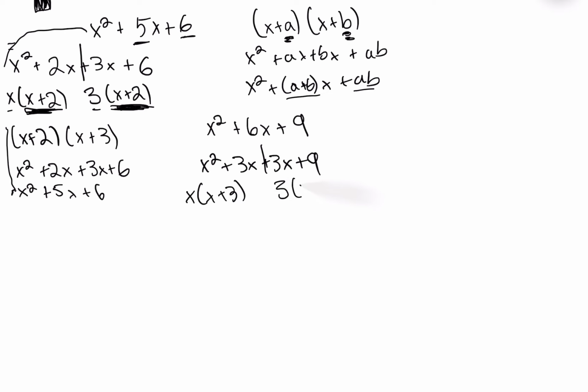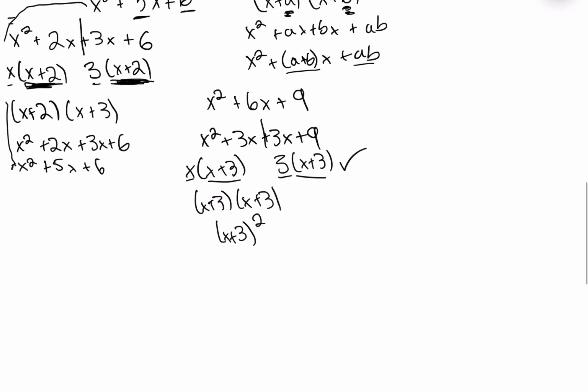Factor out the 3, we're left with x plus 3. We see that these are the same, give ourselves a nice little check mark. Bring the x plus 3 down. We're left with x and 3. Bring it down. And look, we can write this factored equation as (x plus 3) squared.